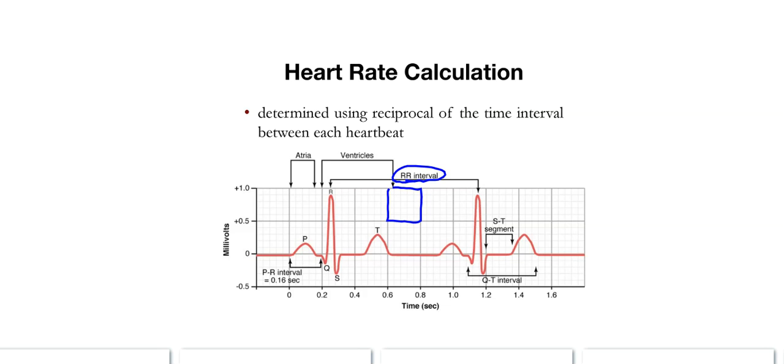Let me see if I can find it, just in case people don't believe in that.